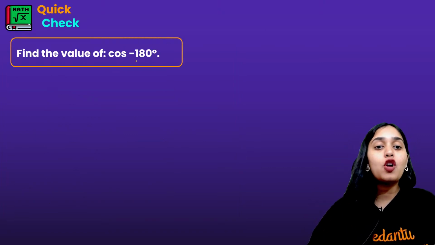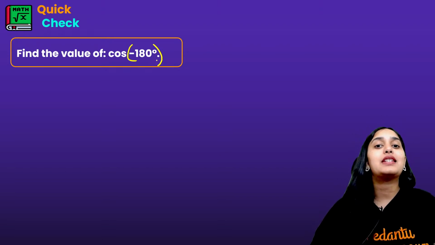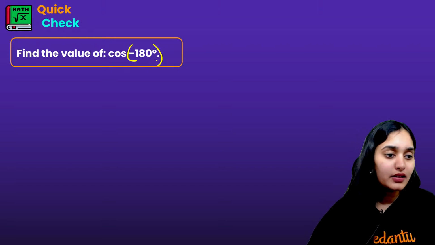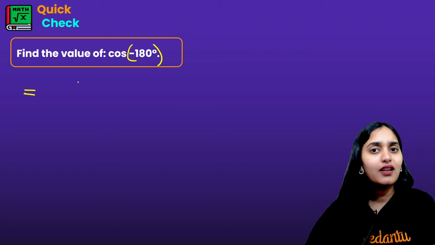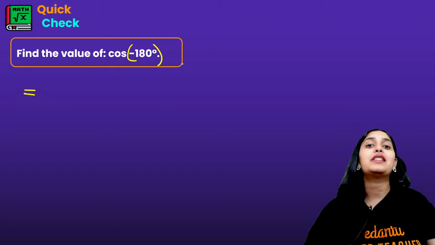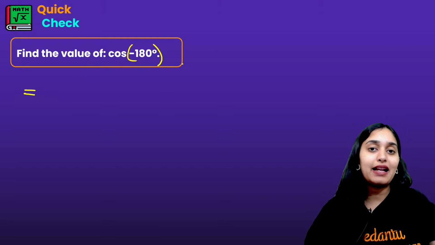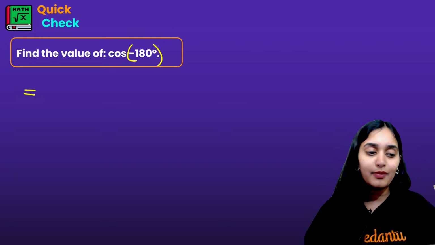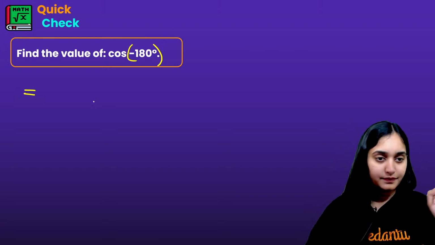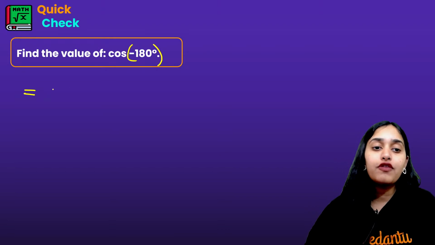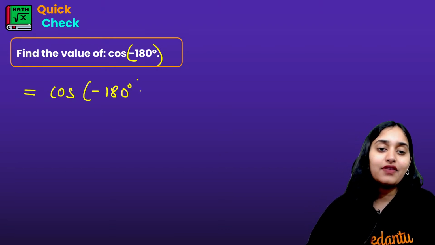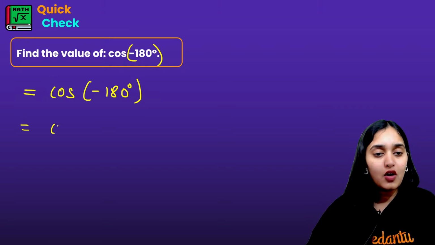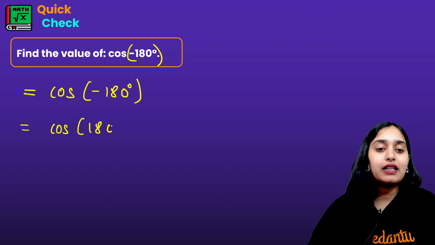What is the value of cos minus 180 degree? Who's going to tell me? Cos is always positive. Just now we have seen that cos and sec are positive, all the remaining become negative. So cos of minus 180 degree will be cos 180 degree.